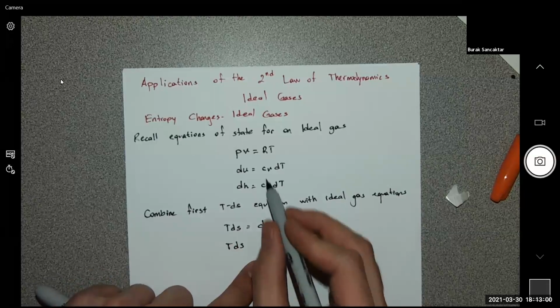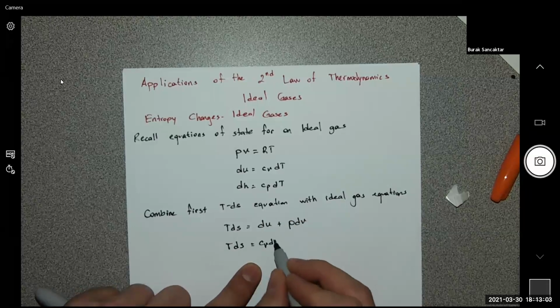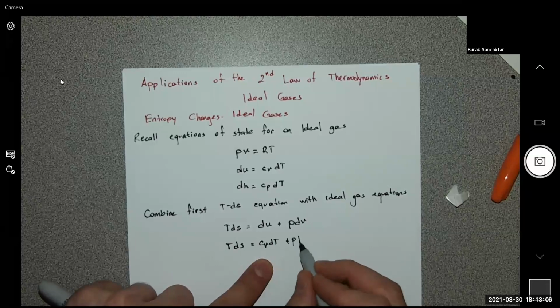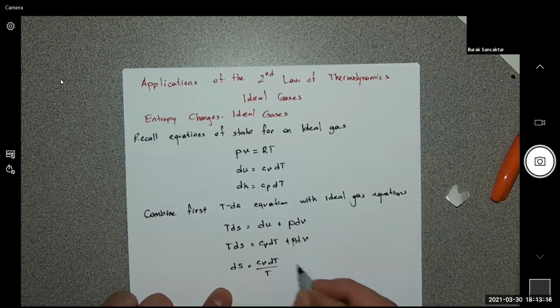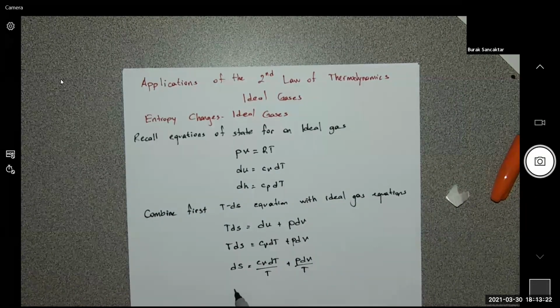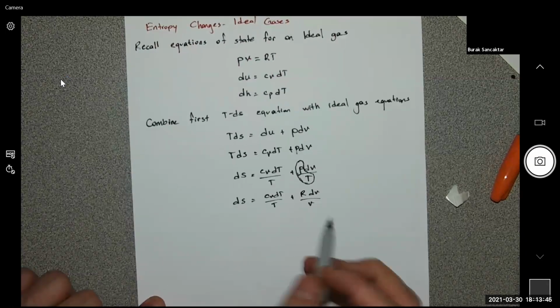If I substitute my du, which is Cv dT, plus PdV, and divide both sides by T, ds will be equal to Cv dT over T plus P dV over T. Instead of P over T, I can use R over V to satisfy the integration.